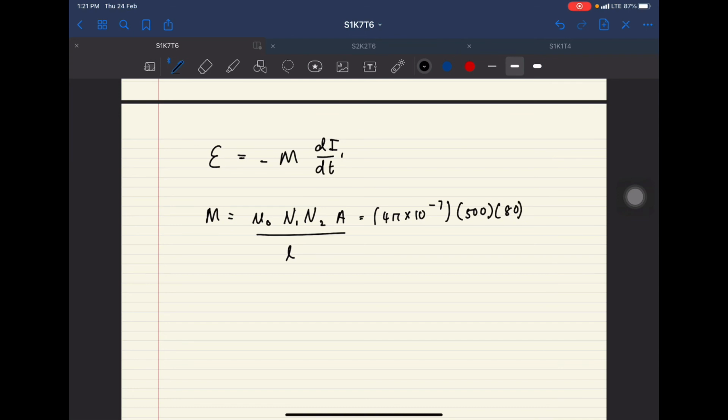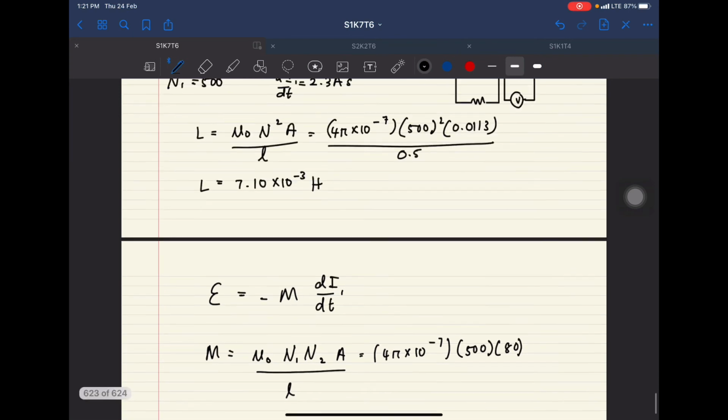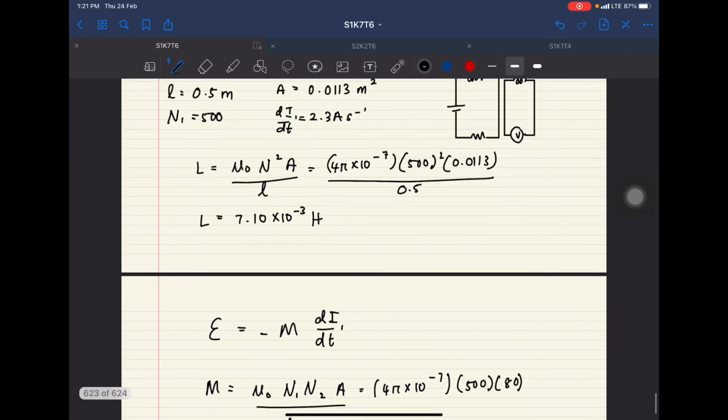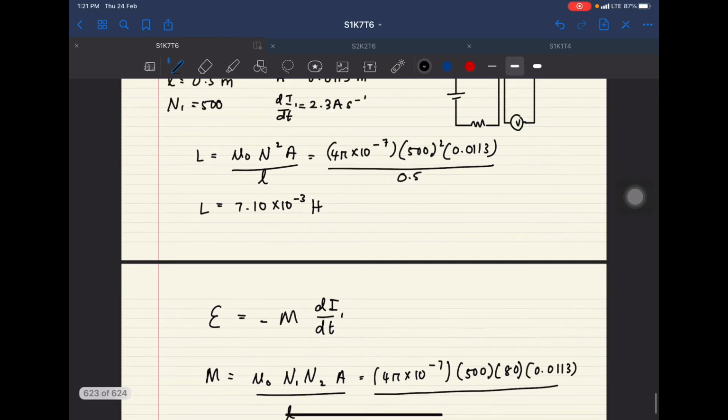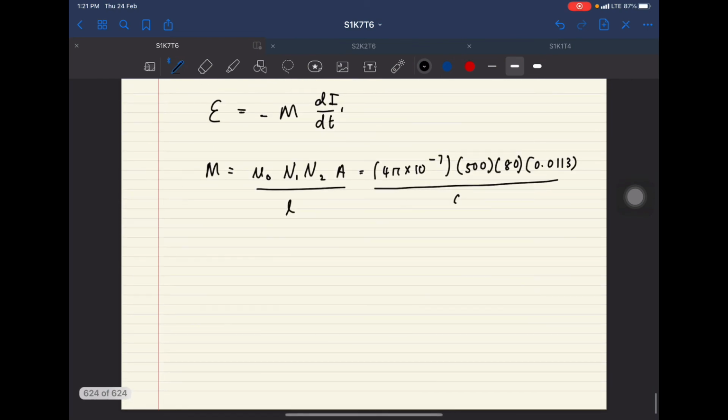Okay, you use area and L from the primary, which is 0.0113, and the length here is equals to 0.5. Okay, so the only difference here is that you change N square to N1 and replace with the secondary term. You calculate again.